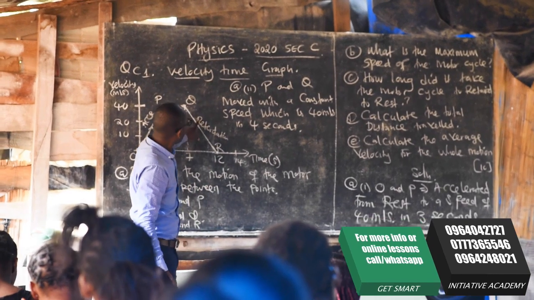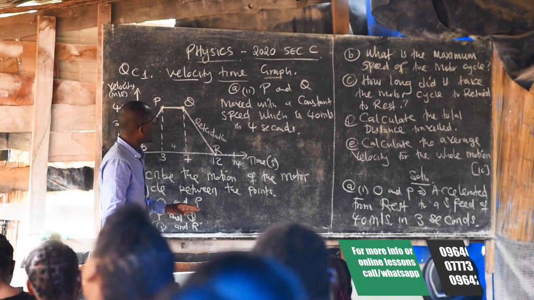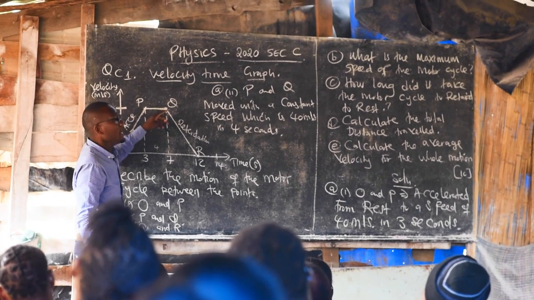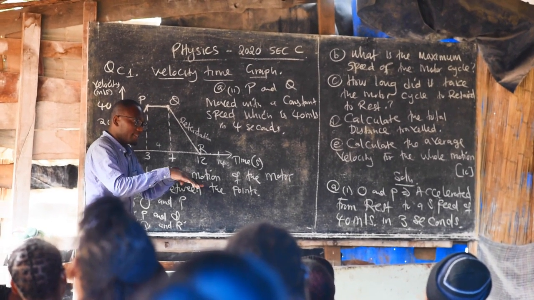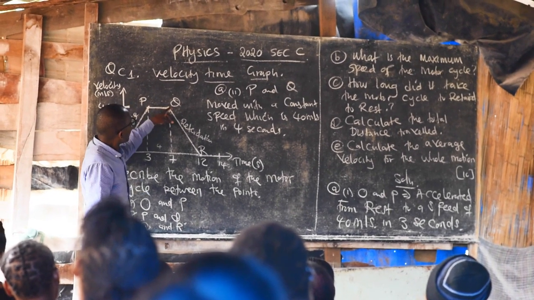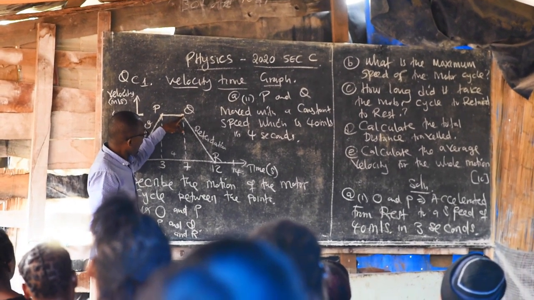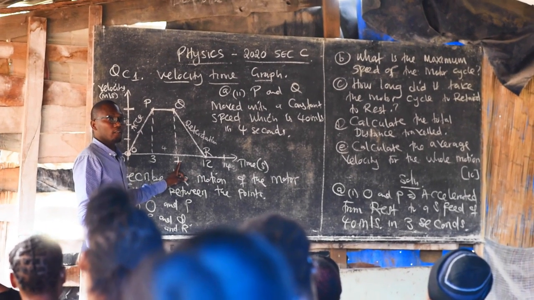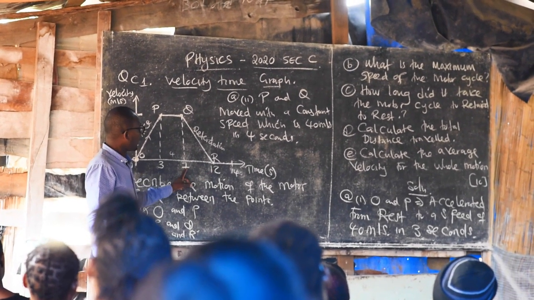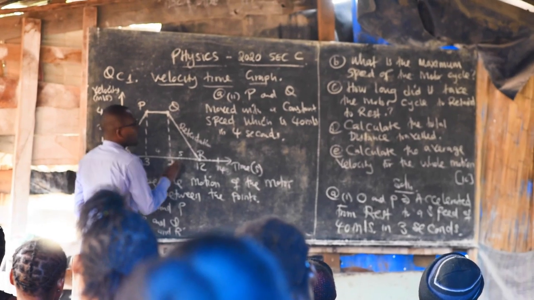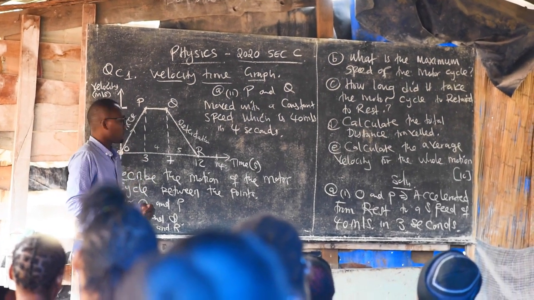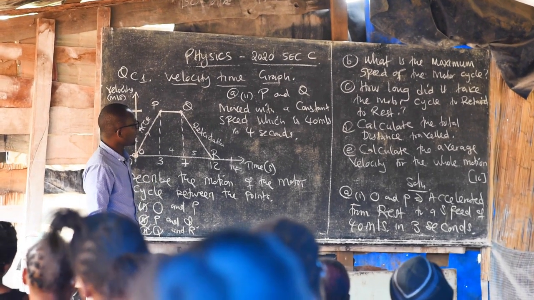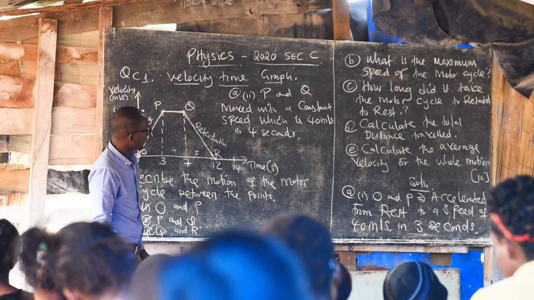Now, in retardation, we are basically saying the motor vehicle started going down, meaning it's retardating. So you say in the last 12 minus 7, 5 seconds, the motorcycle retarded.